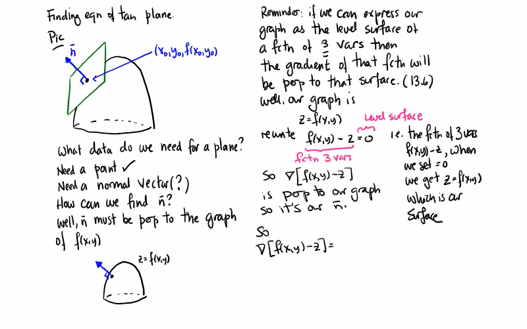Take the derivative with respect to x, which is f sub x i, derivative with respect to y. Now, the z vanishes in both cases because the derivative of z is 0 with respect to x and y. But when I do this final derivative with respect to z, I just get minus 1 k. So this is our n.